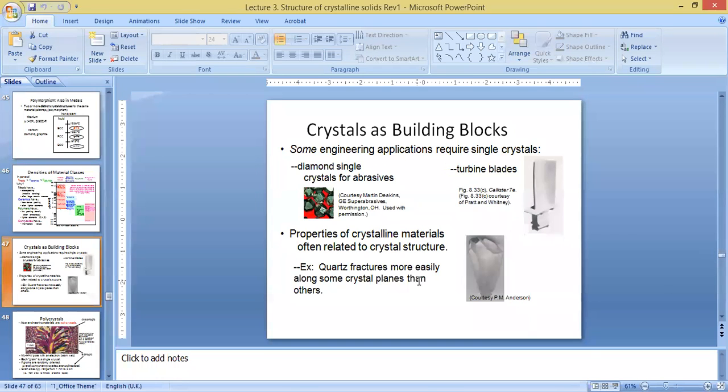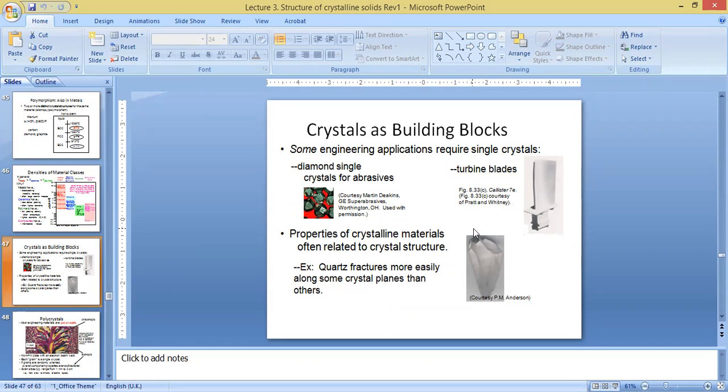And usually when a material fractures, it will fracture along those boundaries. So the fewer the crystals, the lower the probability of fracture. If you just have one single crystal, it's most likely going to be hard and do the job in cutting other materials. So single diamond crystals are used as abrasives, as you can see in this picture here.